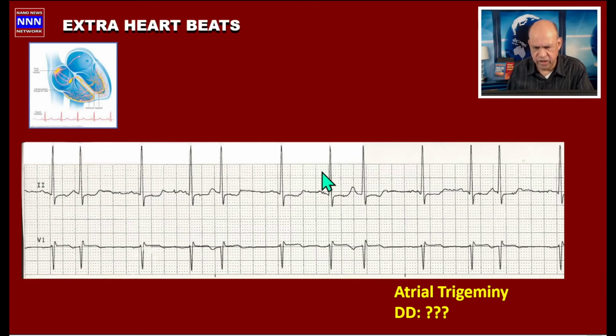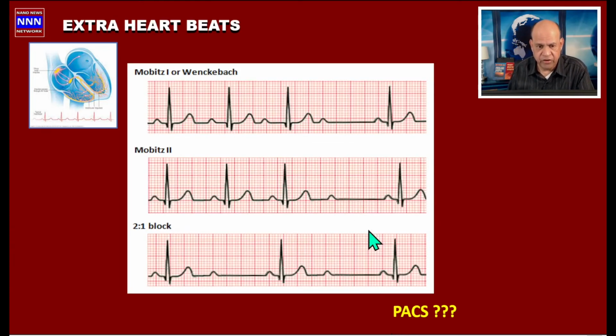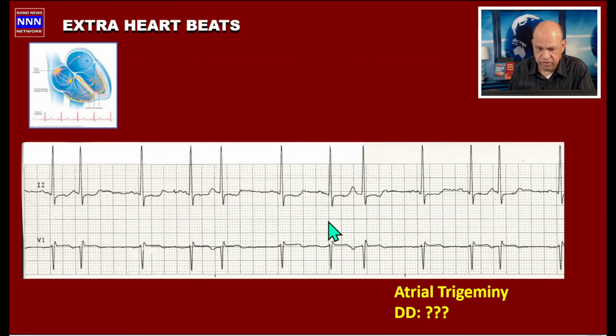So this is like an atrial trigeminy. Whenever we see any atrial trigeminy, we should always think about what I told you, any type of conduction disturbances like Wenkebach. We have a normal beat that may look like an extra beat because it comes at a shorter cycle than this cycle. So keep in mind some of these differences when you're looking at the tracings.